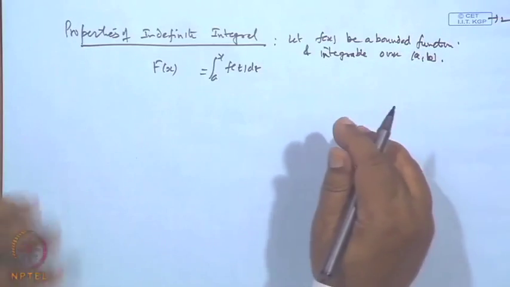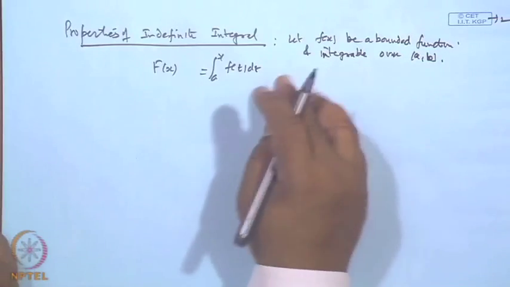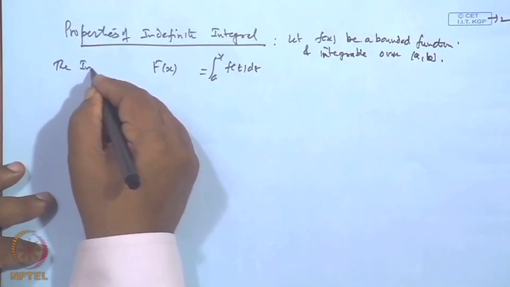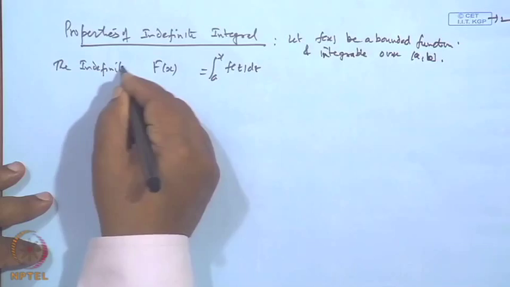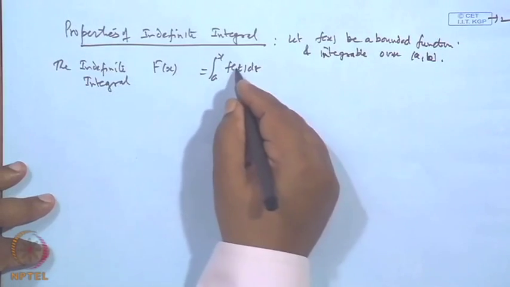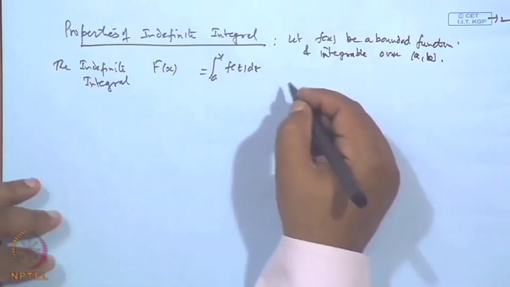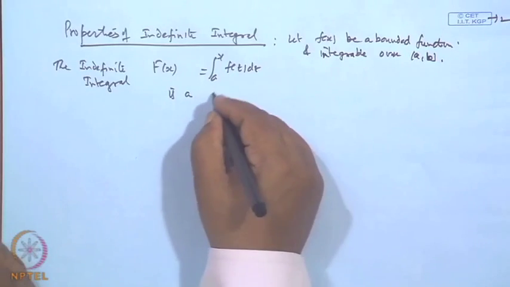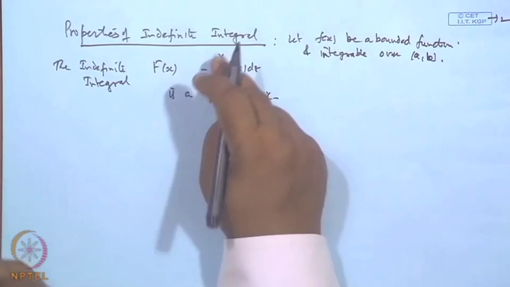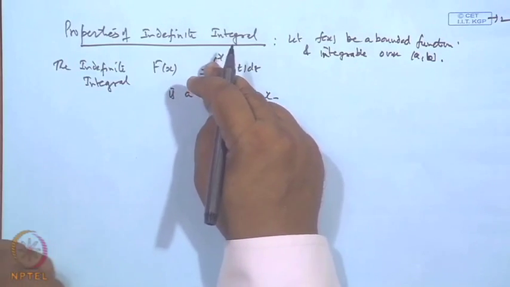Okay. The indefinite integral F(x), which is from a to x, is obviously a function of x, because it changes its values with respect to the upper limit.